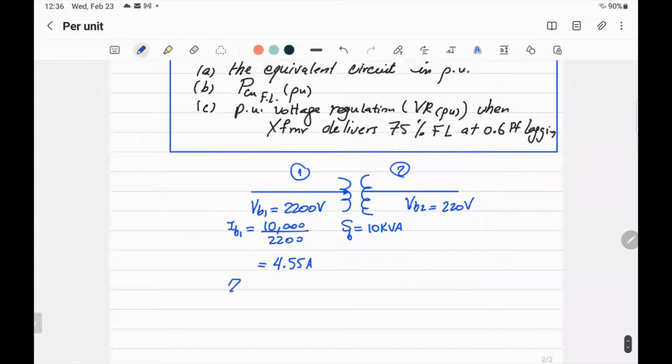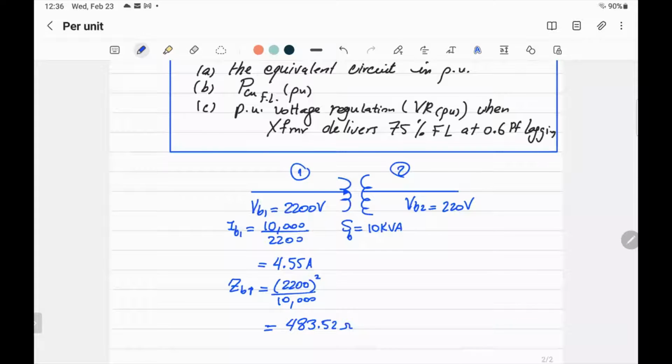And I will get the base impedance ZB1, which will be equal to the voltage squared divided by S base. The voltage squared on side one will be 2200 squared divided by the base 10,000, and I get in ohms the value which is equal to 483.52 ohm. All right, I'm done with side one.